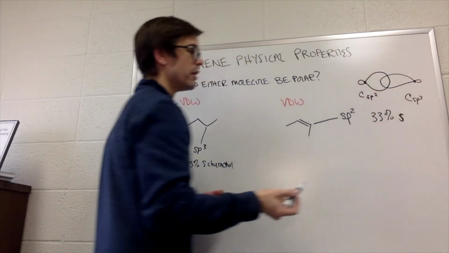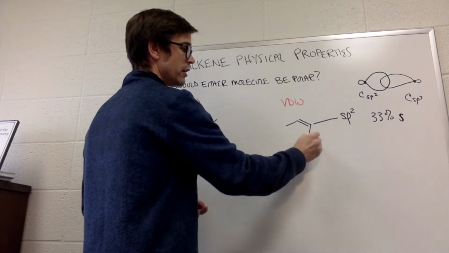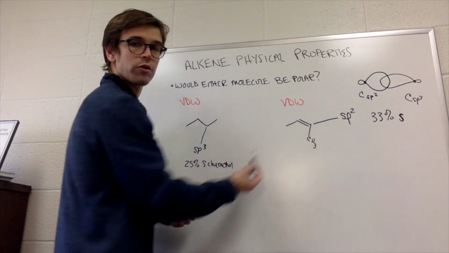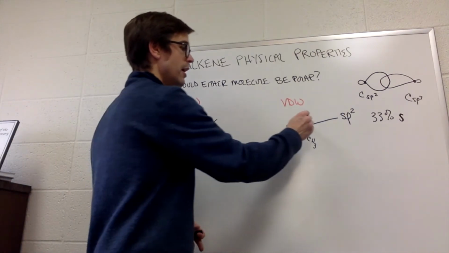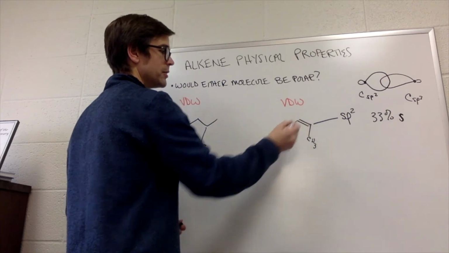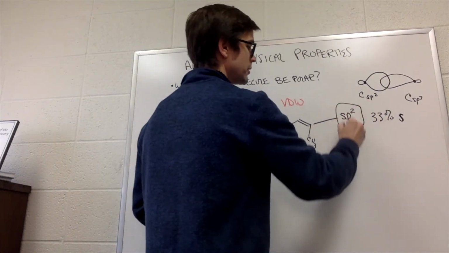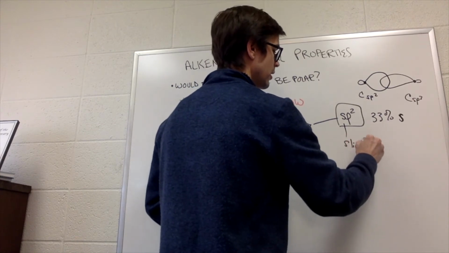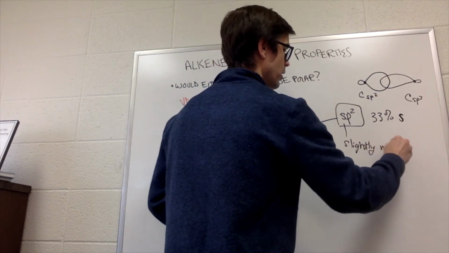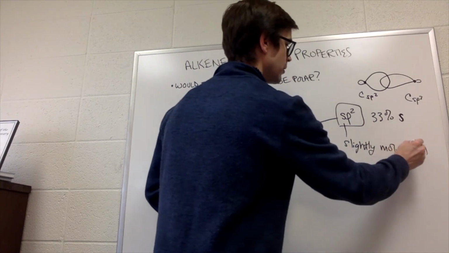This is the carbon of the alkane. So this CH3 is actually not holding those electrons as closely as this carbon here. So it turns out that both of these carbons are a little bit more polar. So sp2 carbons are slightly more polar.